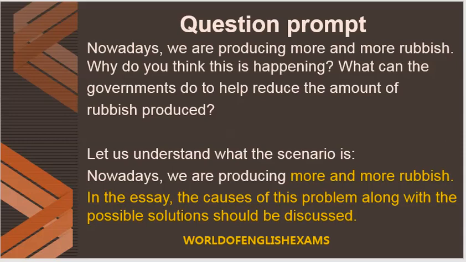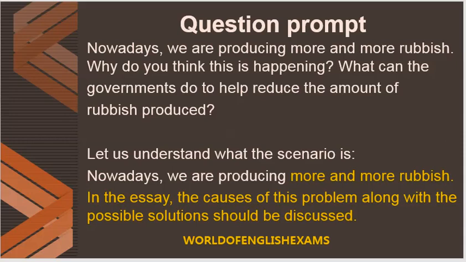So they are asking us to state certain causes or reasons for the problem, followed by the second part of the question, which reads, what can the governments do to help reduce the amount of rubbish produced? So they are asking us to discuss the role of the government. What measures or what steps can the government take to lower the extent of this problem, to mitigate the problem? So this would be discussed in detail in this video.